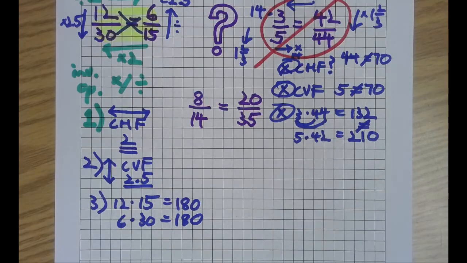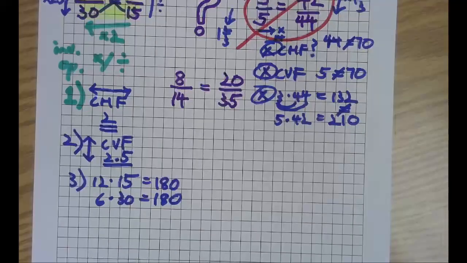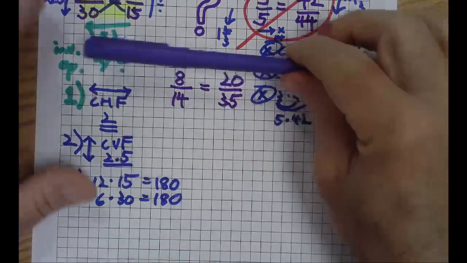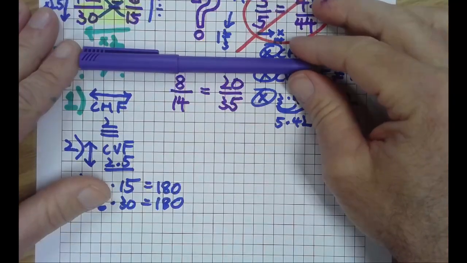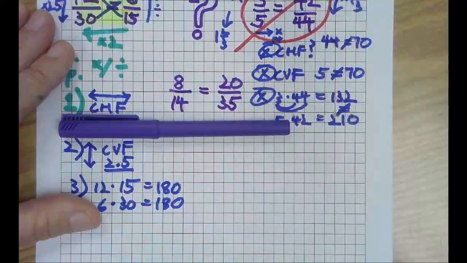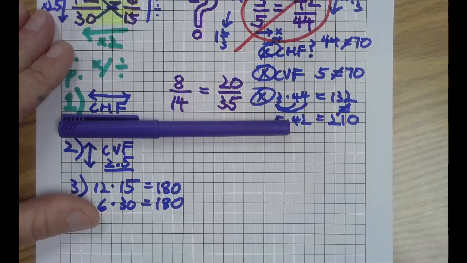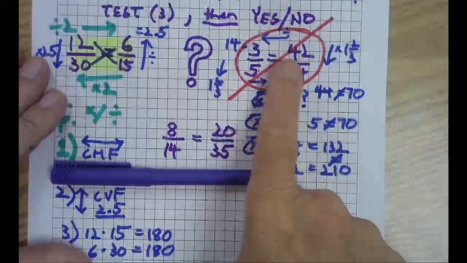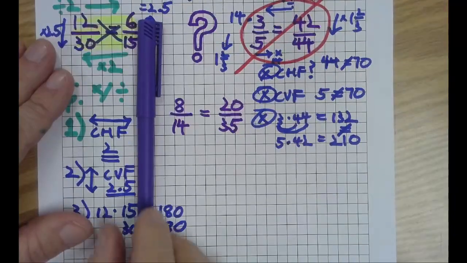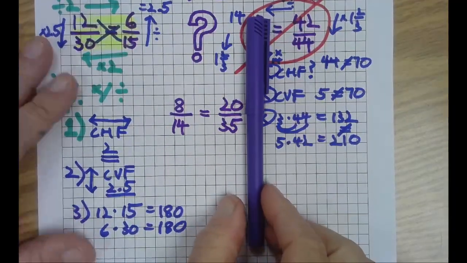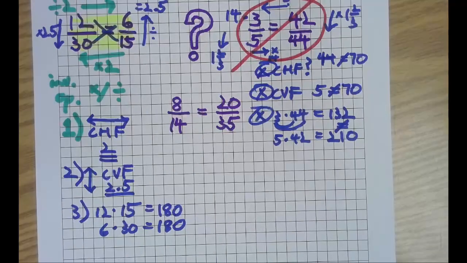Okay. Now we're ready for the third example here. At first look, it sure doesn't look like I have a common horizontal, right? 8 times 2 is 16. 8 times 3 is 24. If I count by 14s, I hit 14, 28, 42, just like we did up here. If I go top to bottom, 8 times 2 is 16. That doesn't work. 20 times 2 is 40. So the simplest one, take the easies.